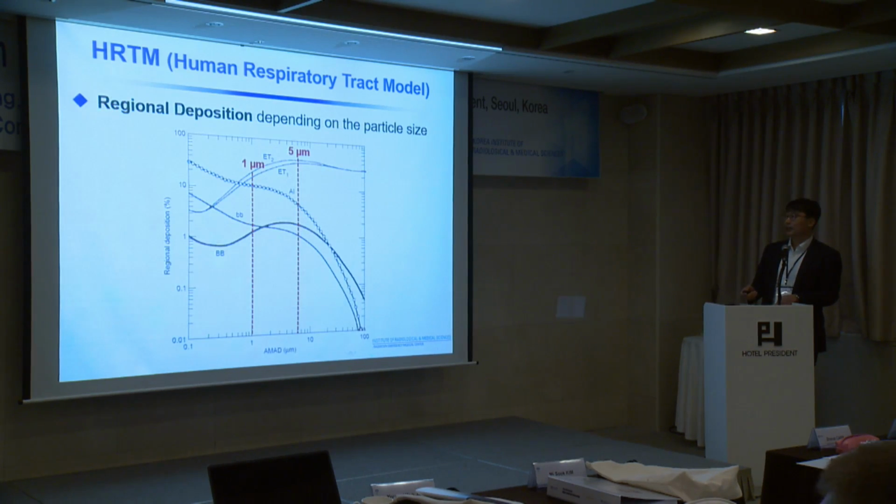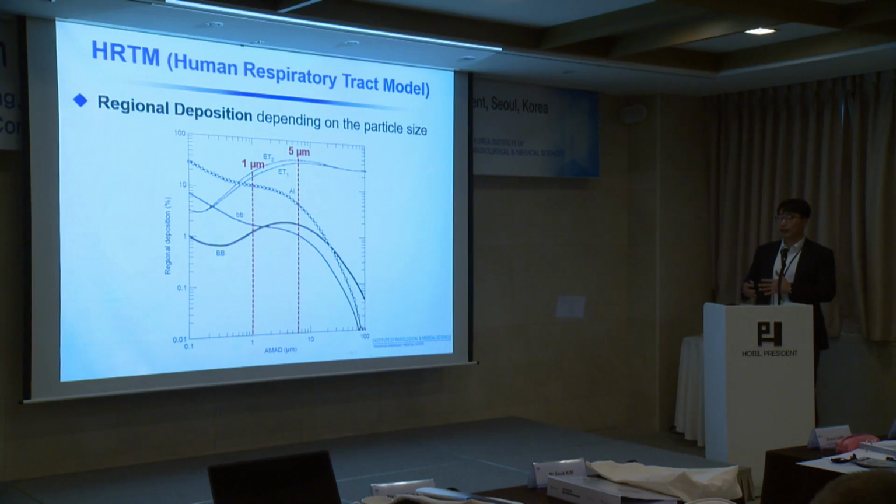This graph shows you the regional deposition of the radionuclides depending on the AMAD value. In this graph, the greater the AMAD, the more deposition occurs in the extrathoracic region, ET1 and ET2.